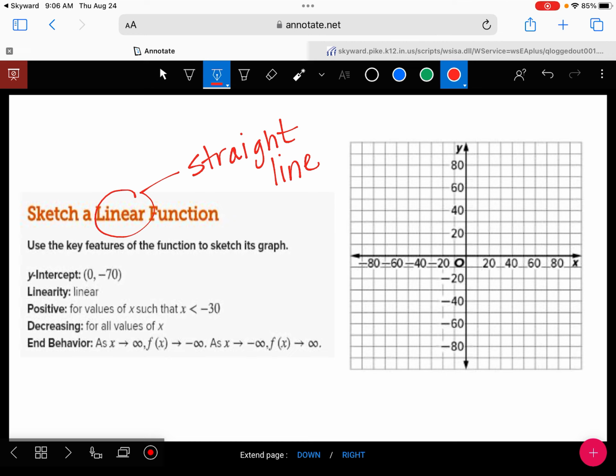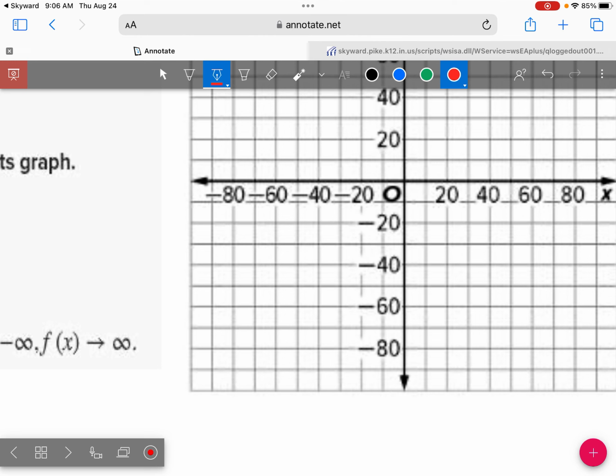All right, so we're going to use these clues to create our graph. It told us our y-intercept, where is our y-intercept? Where did it say our y-intercept was located? -70. Go ahead and plot that point. Put a point at -70. So that would be right here.